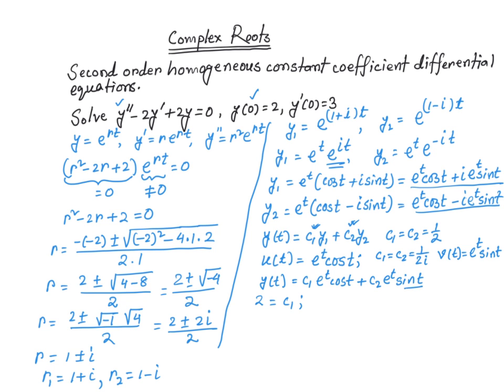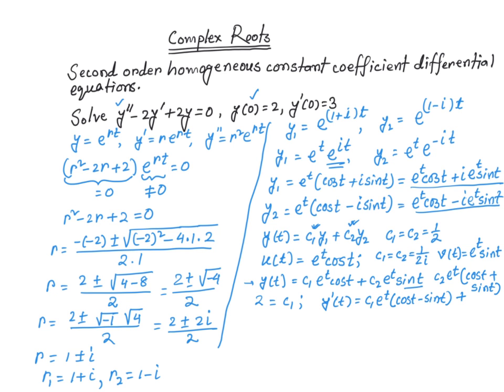What about my C2? To find C2, I have to take the derivative of this function. If I take the derivative and simplify it a little bit, this is what I get: y prime of t equals C1 e to the power t times (cosine t minus sine t) plus C2 e to the power t times (cosine t plus sine t).